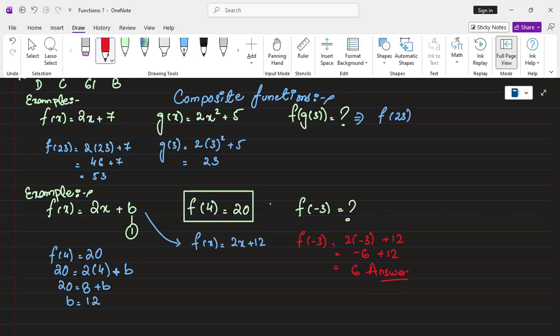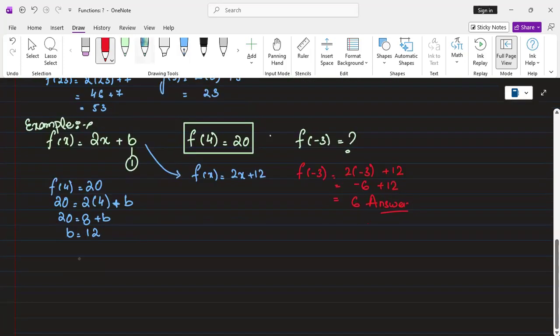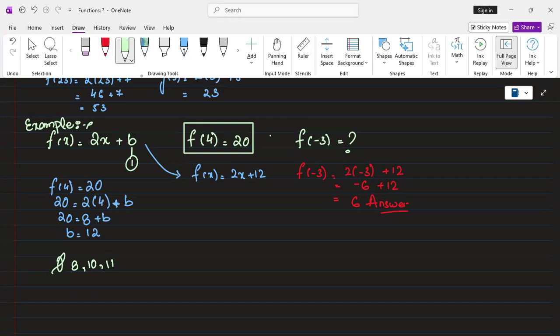Good. So now, as we have discussed two more concepts, accordingly you can solve question number 8, question number 10, question number 11, 13.